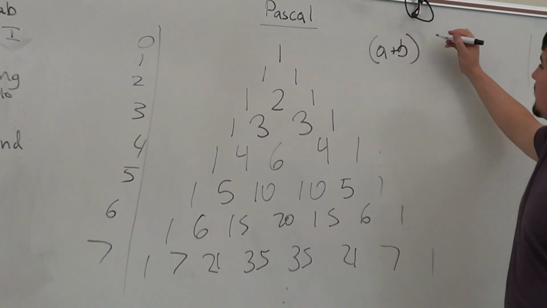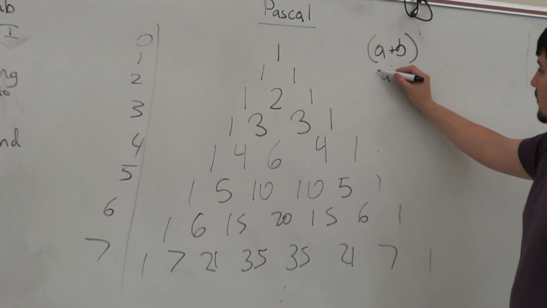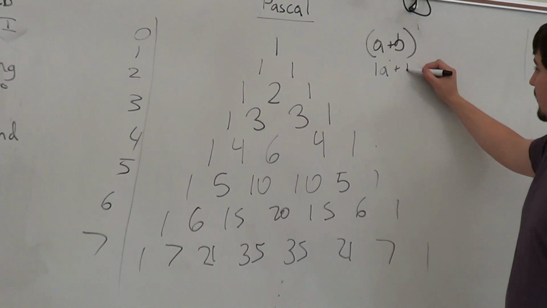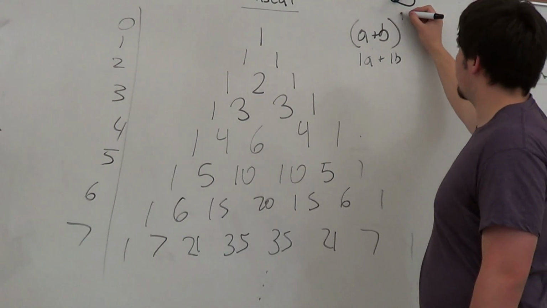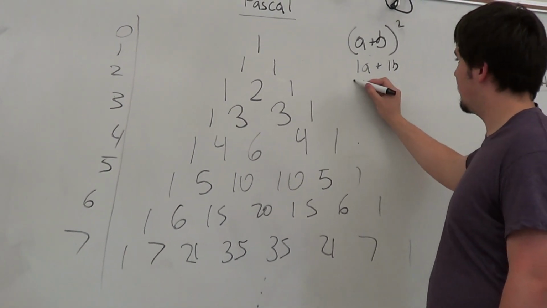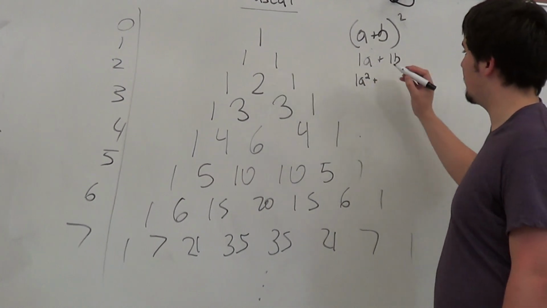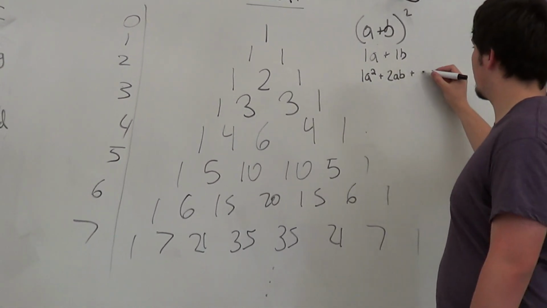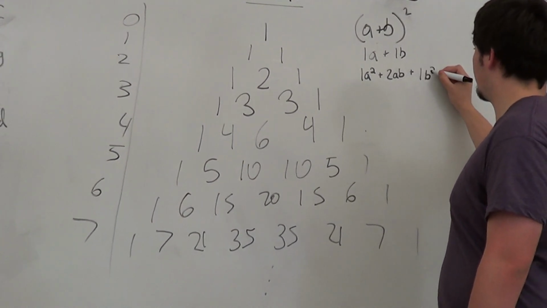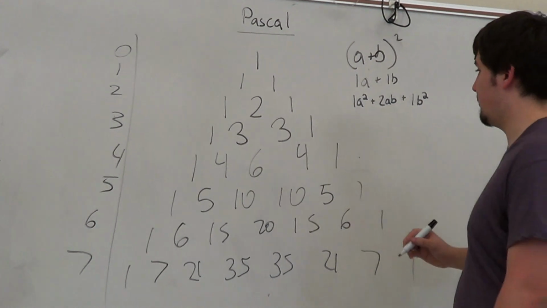If we raise it to the 1 power, it's going to be a plus b, 1a plus 1b. If we raise it to the second power, it's going to be 1a squared plus 2ab plus 1b squared. How about we'll just get to something cool like the fourth row.